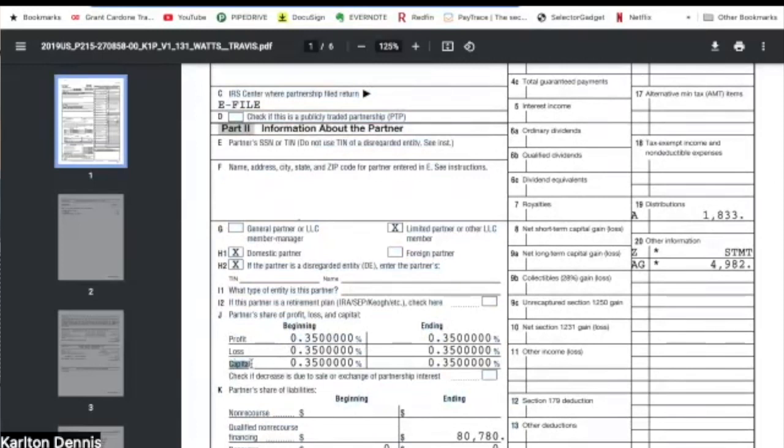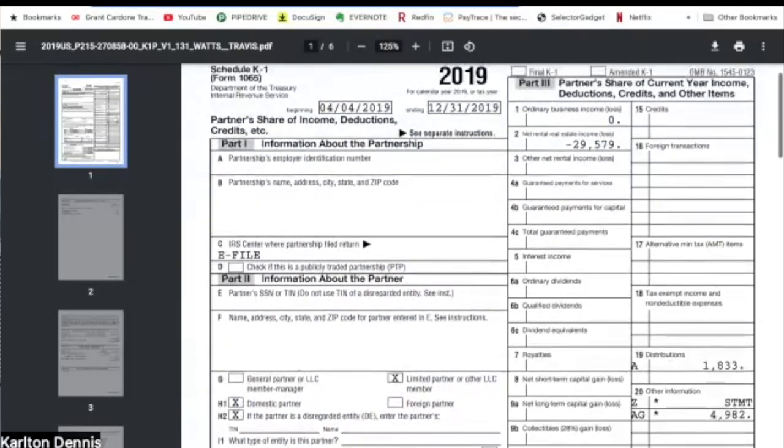And in Travis' case, he invested capital into this partnership. So this is his percentage. We can see right here, 0.35%, based off of the $50,000 that was contributed into this partnership. So those are some of the basic things to understand about any time that you're going into partnership and utilizing a K-1.